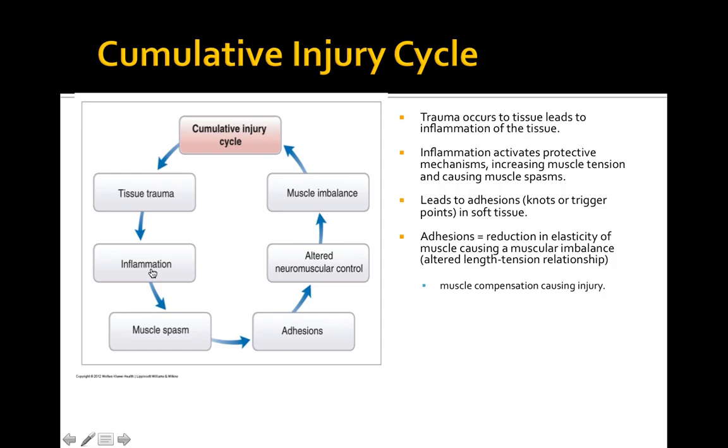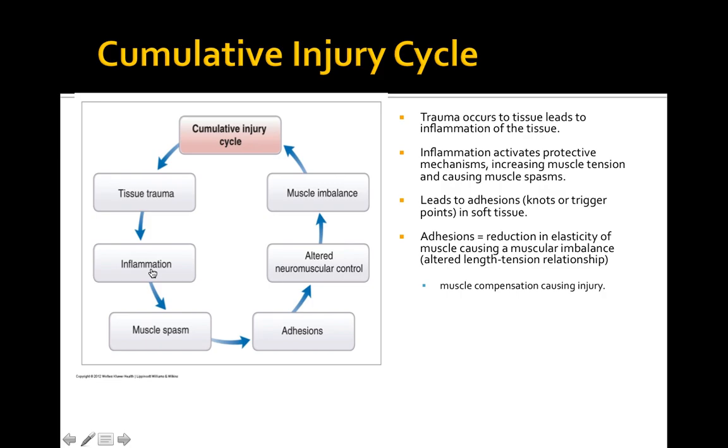In doing so, this now is going to limit the mobility and flexibility of the muscle. It increases tension because now it's trying to limit the amount of movement. More movement causes more damage to the tissue, so it's trying to limit that. So this causes not only the muscle to spasm, but muscles around to start to spasm, because now it's trying to take up the load for everything else.